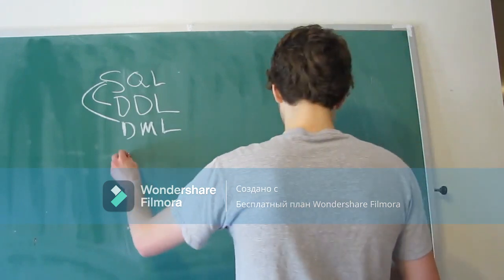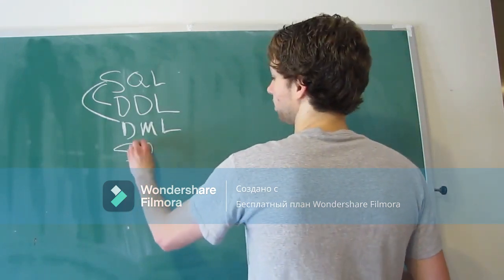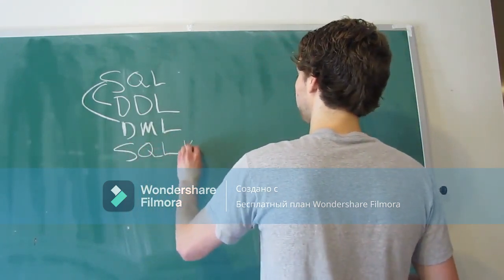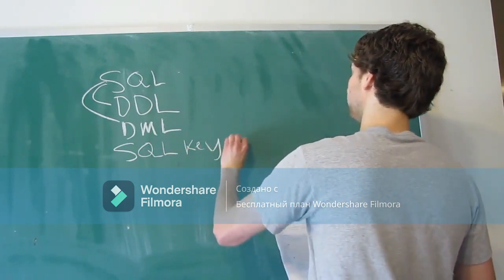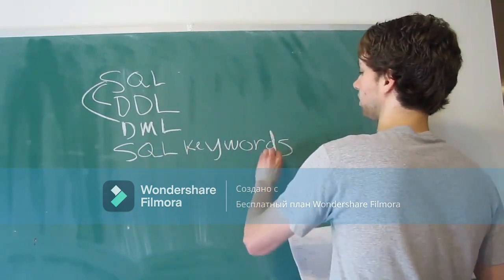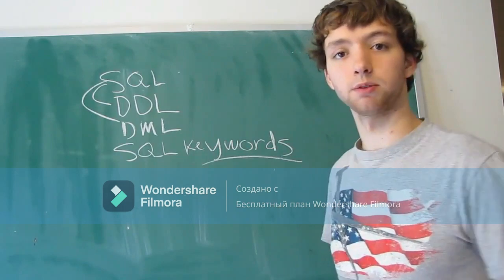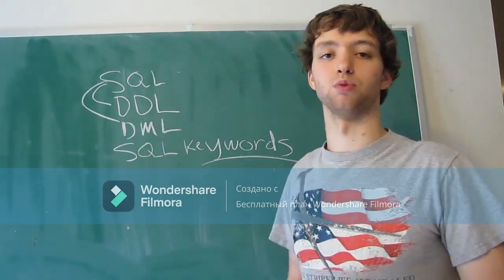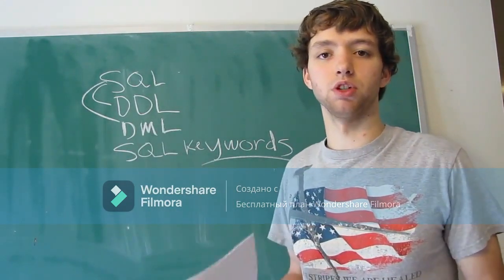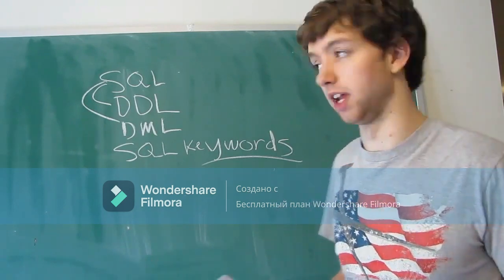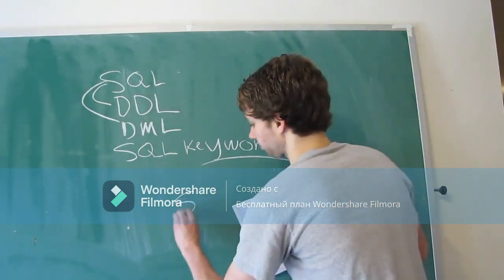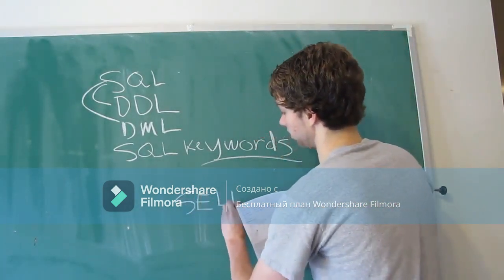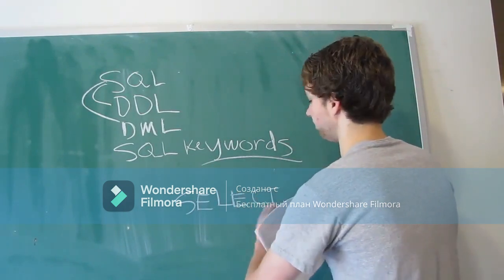The other thing was, I didn't really mention this, but I do want to mention it here. SQL keywords. Anytime we have the word keywords in a programming language, it's talking about something that is reserved that you're not supposed to use for your user-defined data. So for example, select in SQL.